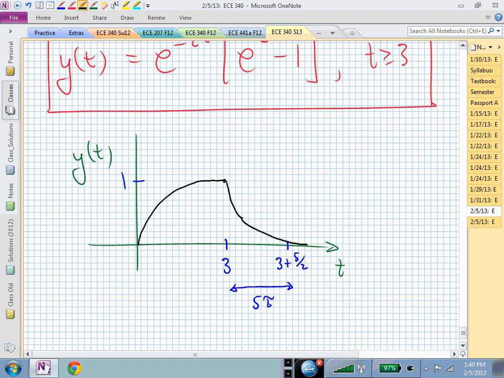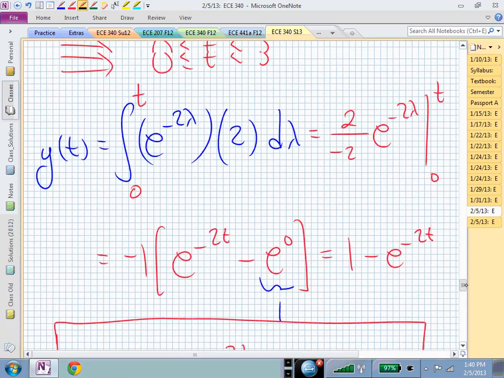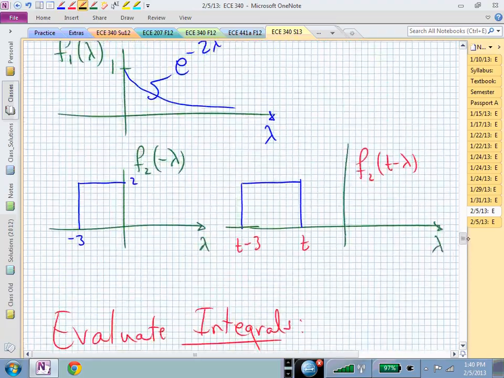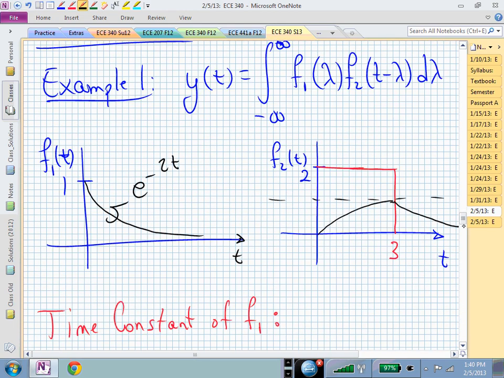Question? The question was, I only had 3 cases, and why? It's all determined by the overlap patterns, and that's influenced by the complexity of these 2 waveforms.